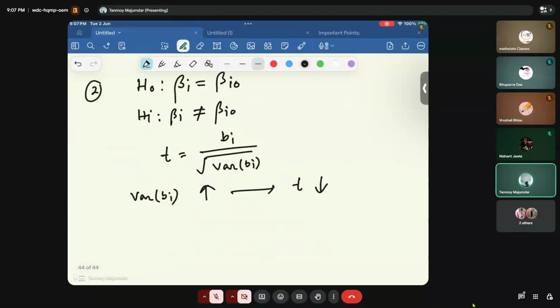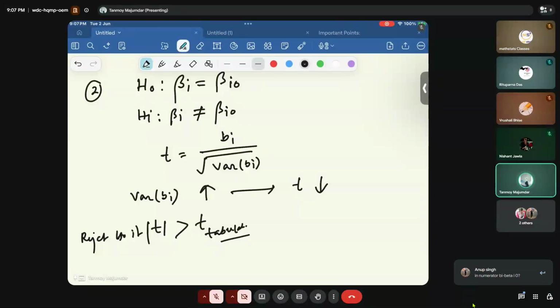सो if t is decreasing, अगर t का वैल्यू इतना डिक्रीज हो जाता है, all the time the t statistics will be small. So रिजेक्शन का रूल क्या है, reject h naught if absolute value of t is greater than t tabulated, okay, but when t is very small, it never exceeds the tabulated value. In the numerator, yes, right, bi minus beta i naught, okay.